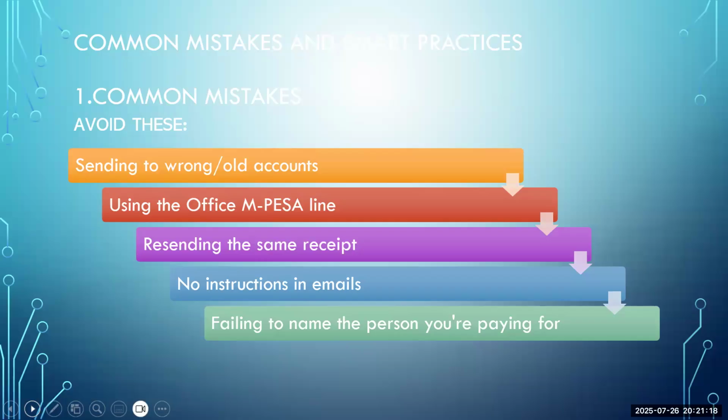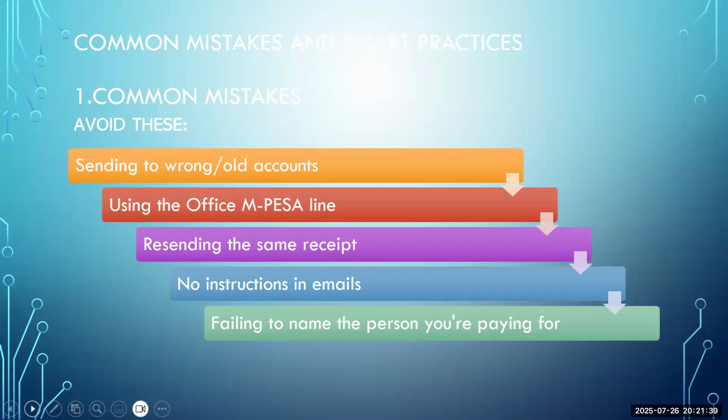In case she wanted to credit it to another account, she should reply to the email. But normally we encourage members to write instructions on emails to simplify the process of posting payments.